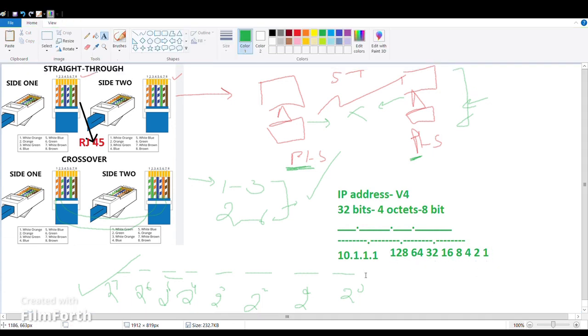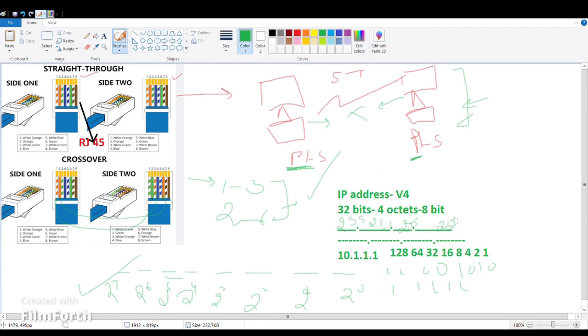So if I want to calculate 10, 8 is 1 and 2 is 1, and the rest are zeros. Similarly, if all bits are ones, 1 up to 8, then in every octet I will get 255.